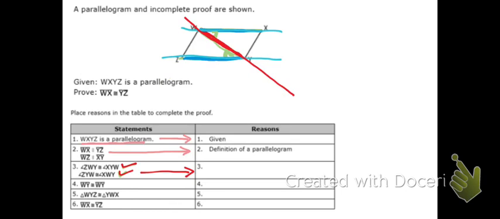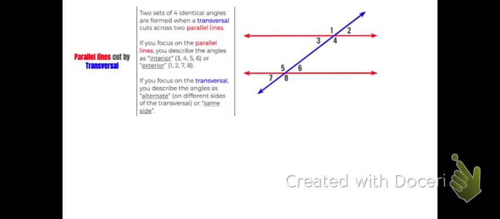So let's take a closer look at the angles that are formed by parallel lines when they're cut by a transversal. Whenever you have two parallel lines, like these two red parallel lines, and it's cut by this blue transversal, you get two sets of 4 angles. You see them? They're the same.